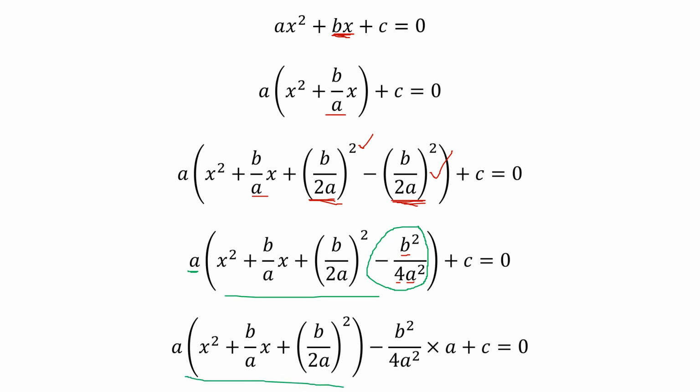Then this minus b squared over 4a is being multiplied by a since it is now leaving the brackets. Right. Then this reduces to, if we cancel the a's, we remain with b squared divided by 4a.